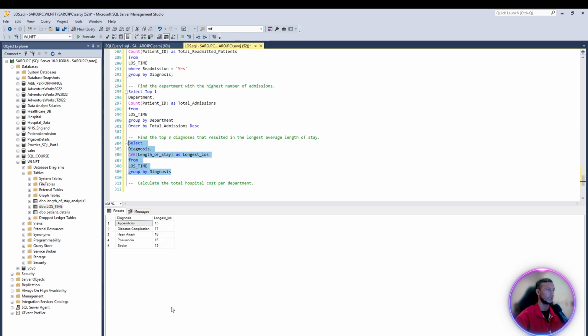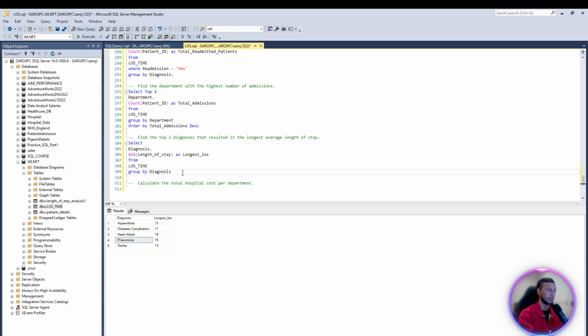If we run this query, then we got the diagnosis and then after the longest length of stay. But we only need the top 3. That means we need diabetes, then after heart attack and pneumonia.